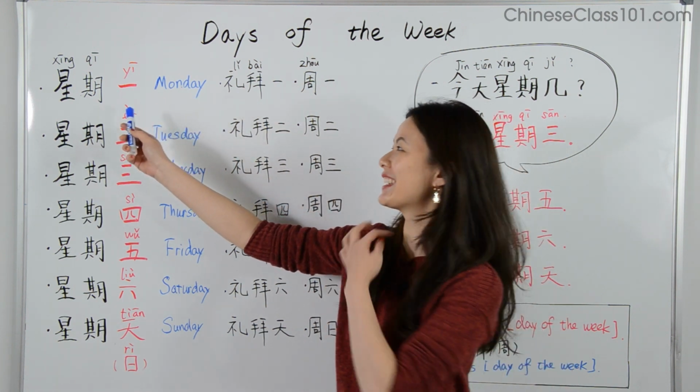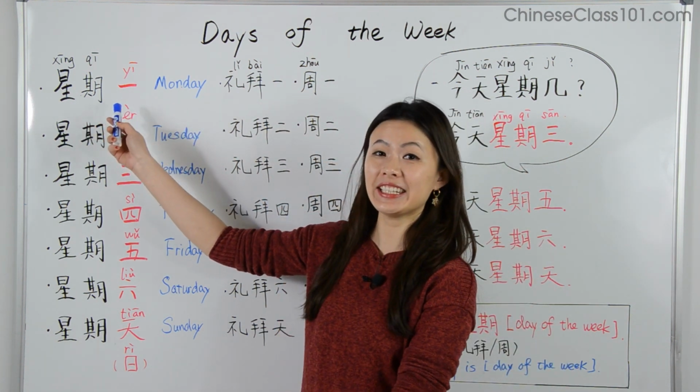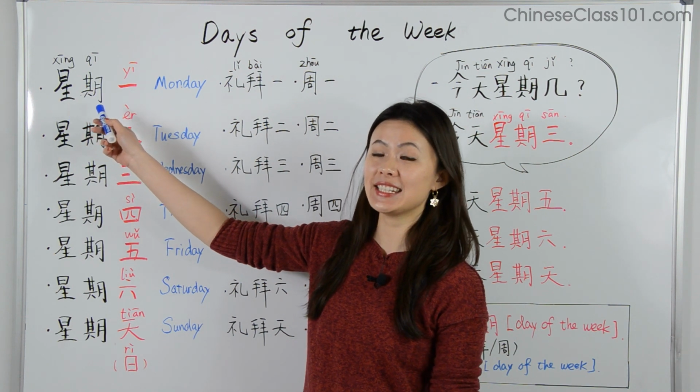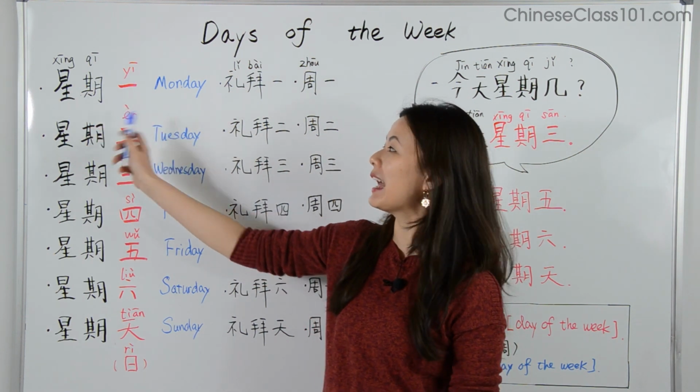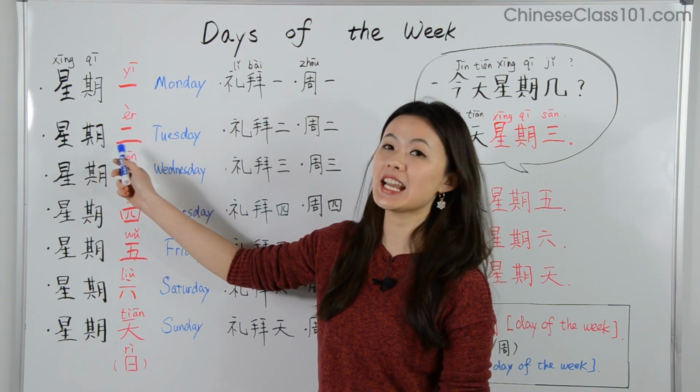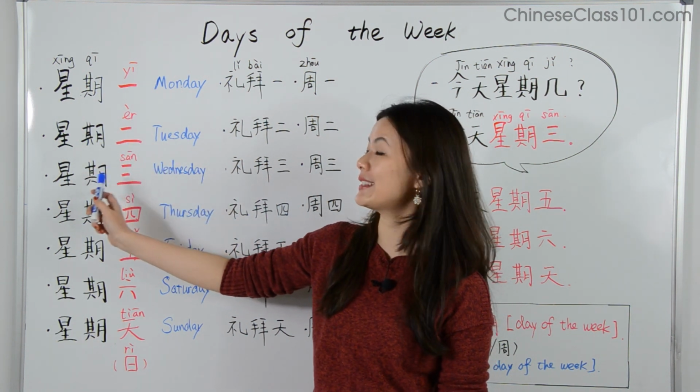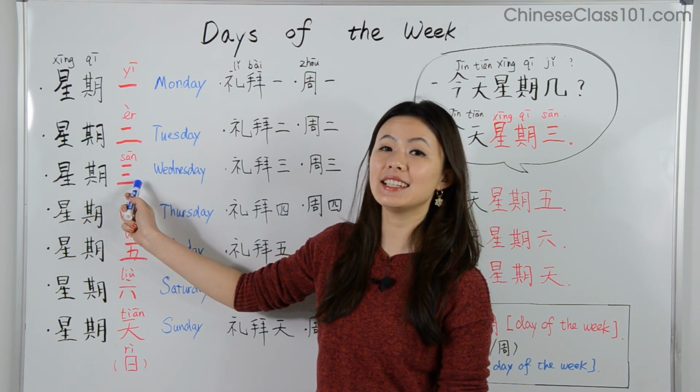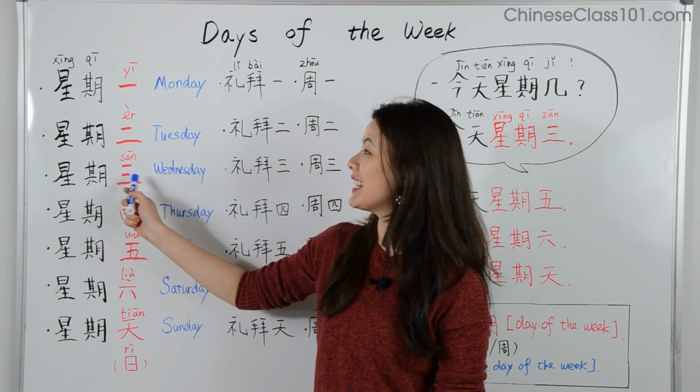Monday in Chinese is 星期一, 星期一. And then Tuesday, 星期二, 星期二. Wednesday, 星期三, 星期三.